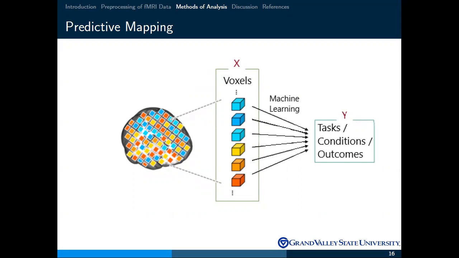This is also very common, increasingly common in the literature, especially with machine learning being bigger these days. For example, I've seen plenty of papers where people take fMRI data from individuals and use it to predict if they have Alzheimer's disease or not, based on their observed fMRI data.